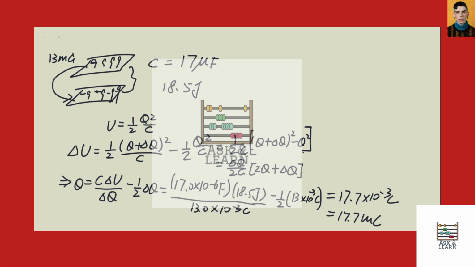So again, as I already said, why is this so complicated? Why can't we just do work equals Q times V and use that to find the answer? A lot of people did that. The problem is that it's not a separate charge you are moving from one plane to another plane.